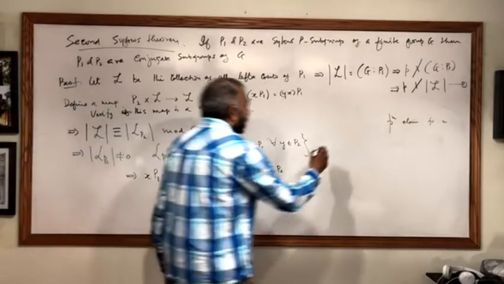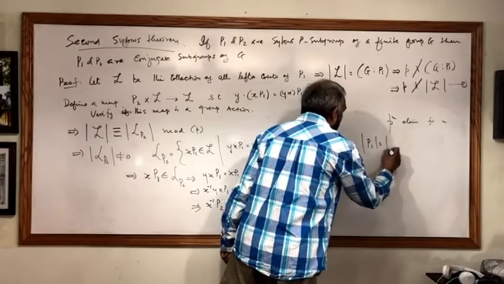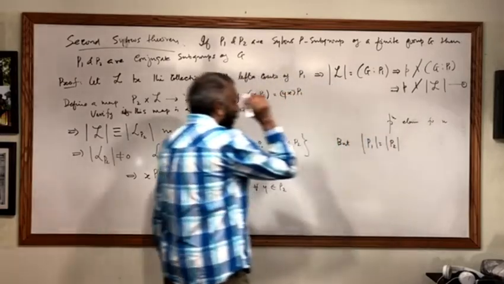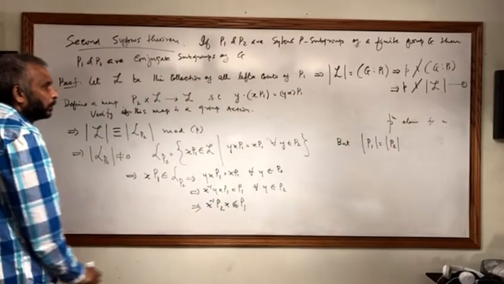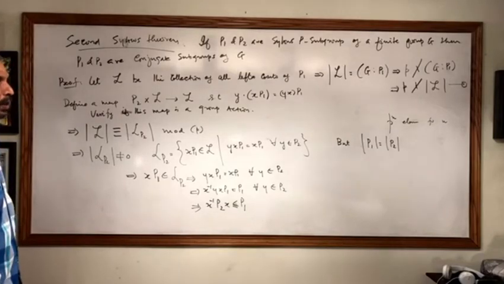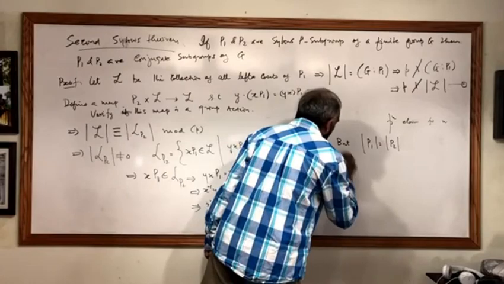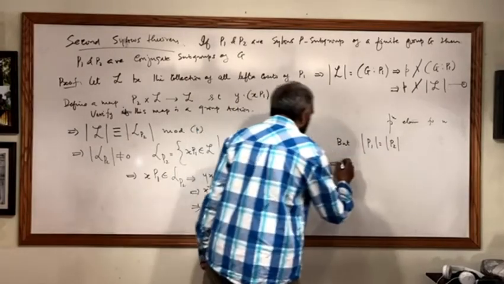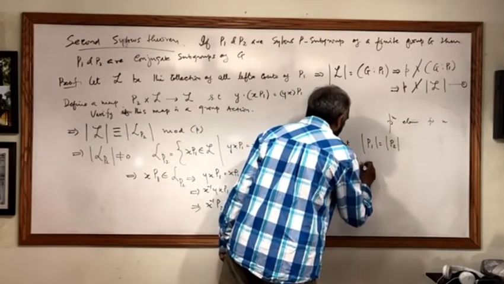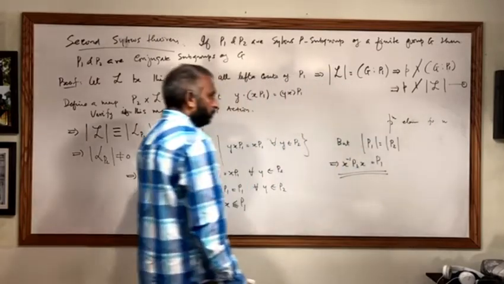But the order of P1 is equal to the order of P2 because both of them are Sylow P subgroups. So their orders are the same. And that implies x inverse P2 x is equal to P1.